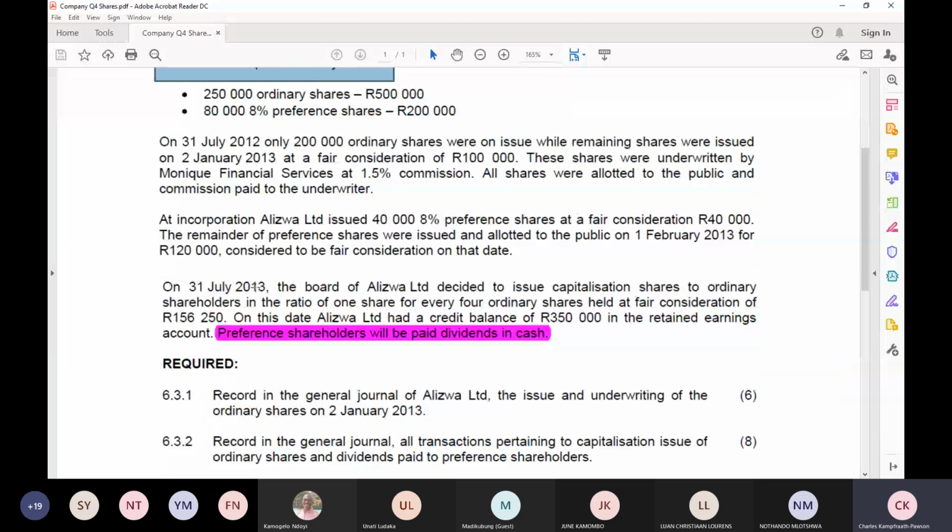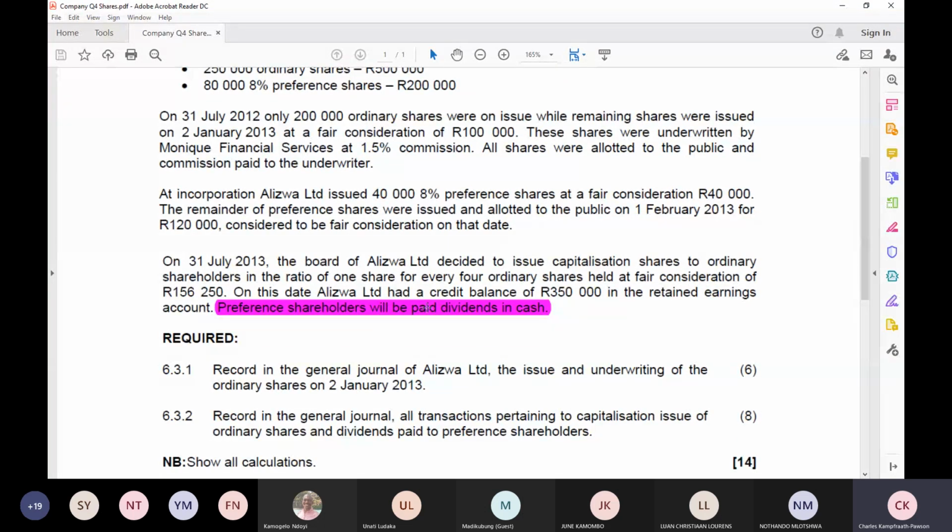On the 31st of July 2013, the board of Leasewell Limited decided to issue capitalization shares to ordinary shareholders in the ratio of 1 share for every 4 ordinary shares held at a fair value consideration of 156,250. On this date, Leasewell Limited had a credit balance of 350,000 in the retained earnings account. Preference shareholders will be paid dividends in cash.